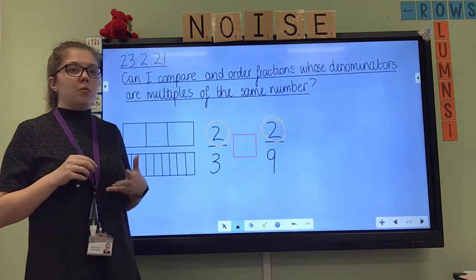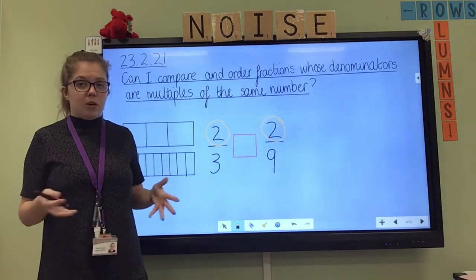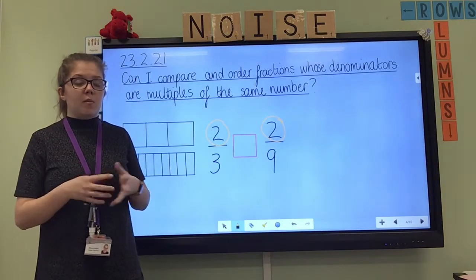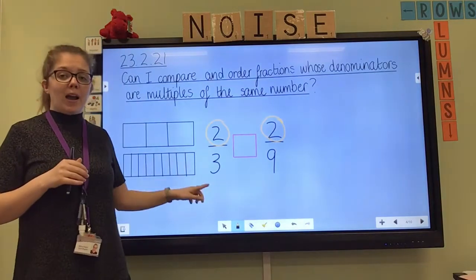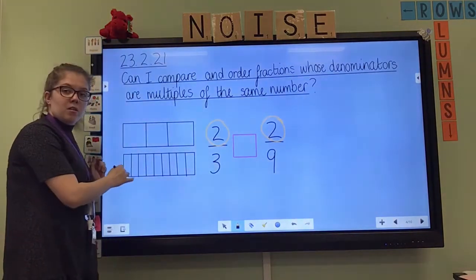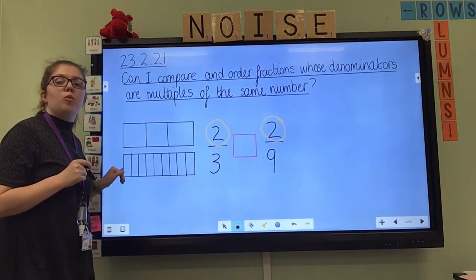It would be like if you were at a party and you were sharing a cake between 3 of you, so you each got 1/3 of the cake, or if there were 9 of you. If you had to share a cake between 9 people, the 9th cake slice you'd be getting is a lot smaller than 1/3.